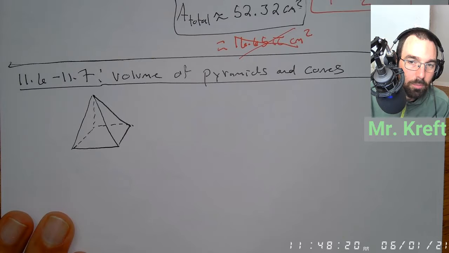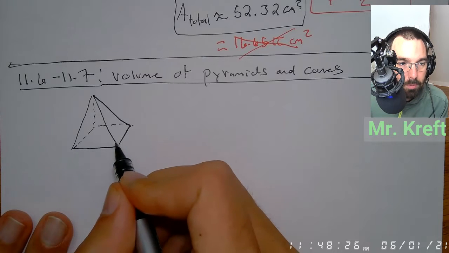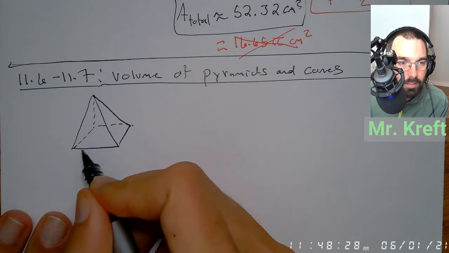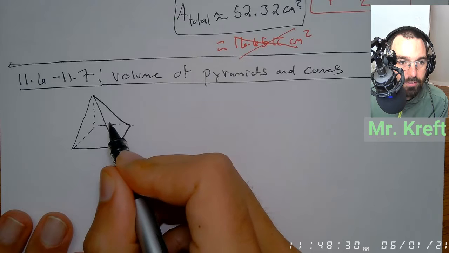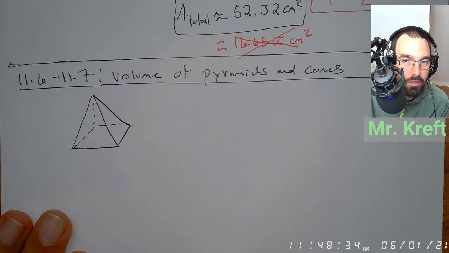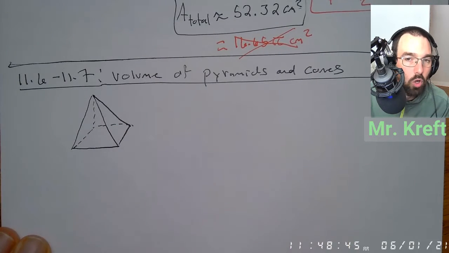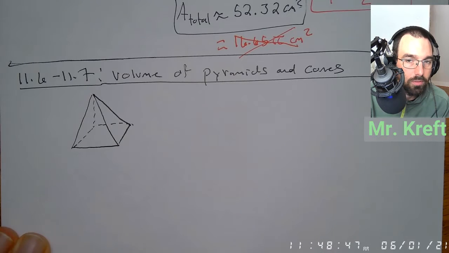Drawing pyramids, I think, is a little bit more difficult than drawing prisms. But notice how the base here is a rectangle, and all of the sides on the top are triangles. We could change the base to be whatever we want, but the sides of a pyramid are always going to be triangles.